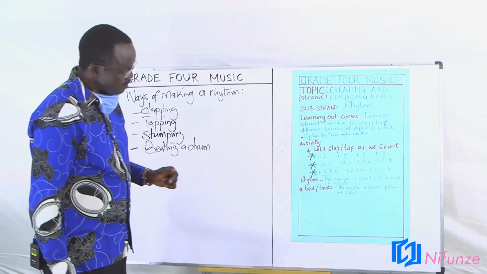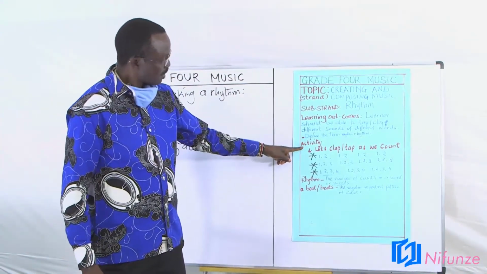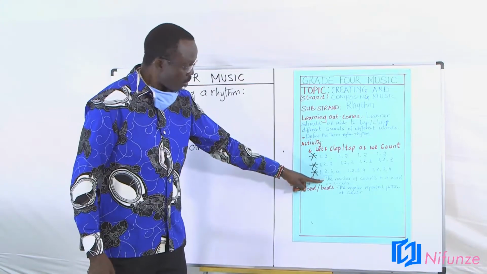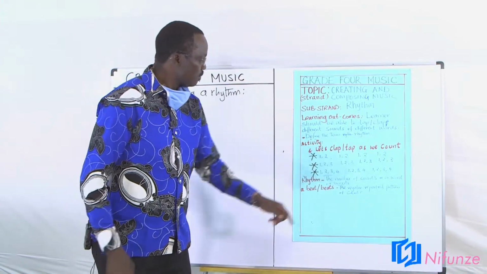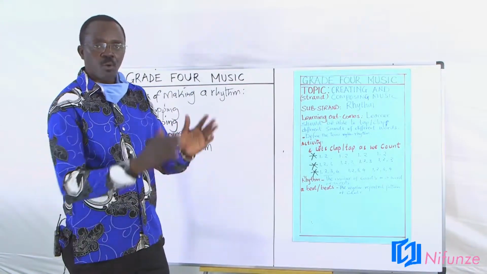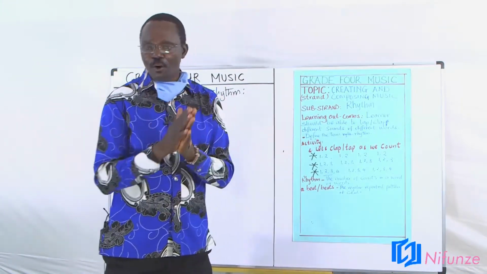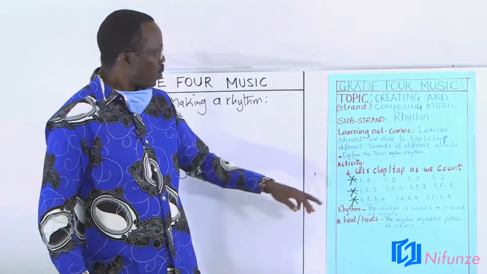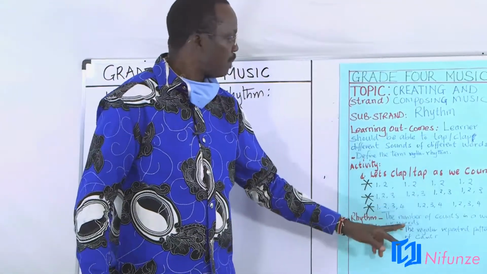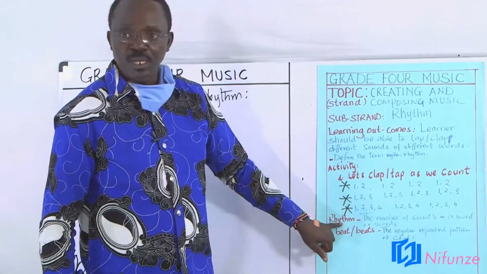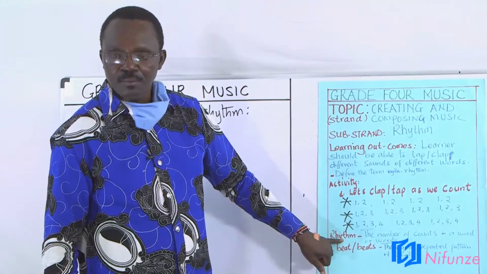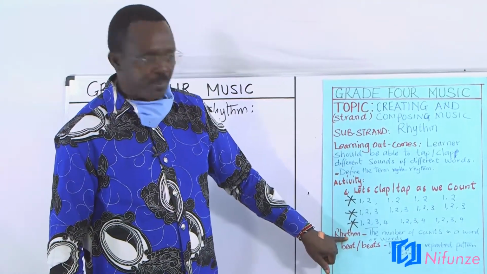We have created the counts, and the counts we are creating is what we call the rhythm. 1, 2 is a rhythm, 1, 2, 3 is a rhythm, and 1, 2, 3, 4 is a rhythm. What are we clapping? We are clapping the rhythm.